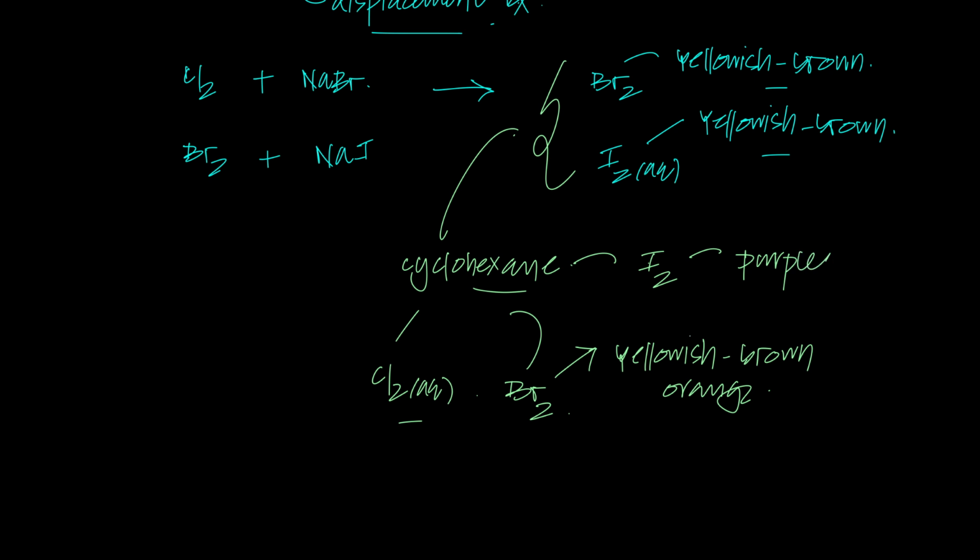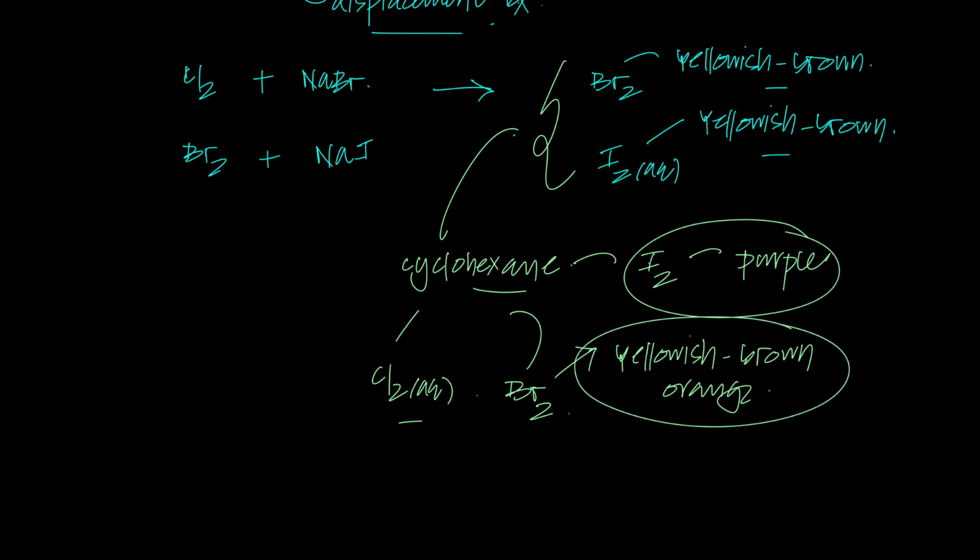So how could you distinguish between whether it's Br2 aqueous or I2 aqueous? You use cyclohexane, which is a non-polar organic solvent. So they give you different colors, right? For chlorine, it gives you the color of chlorine, which is pale yellow green gas.